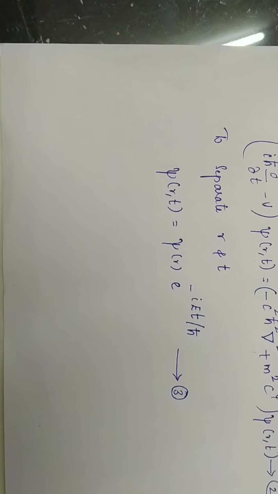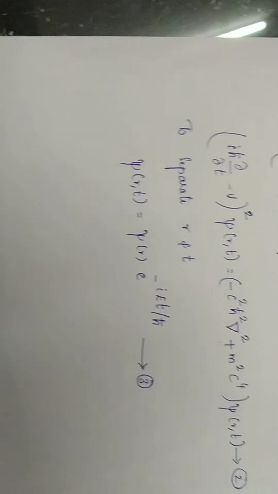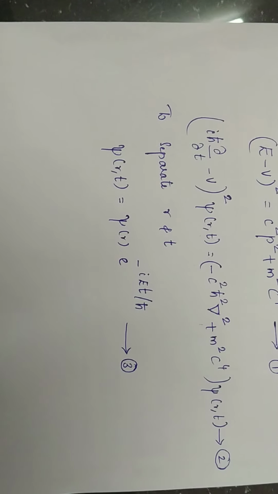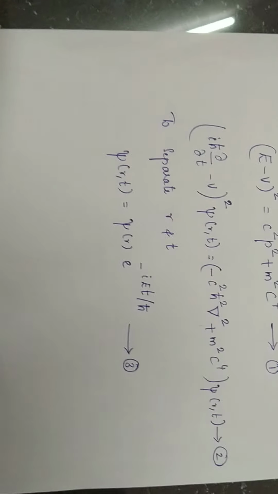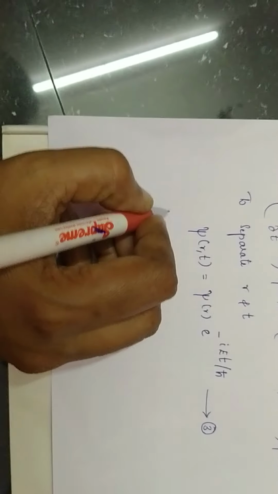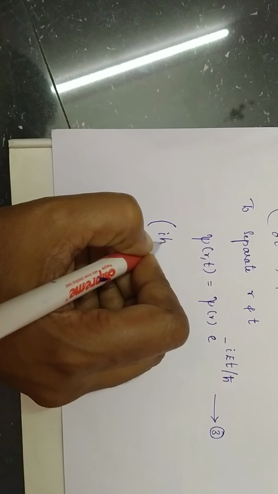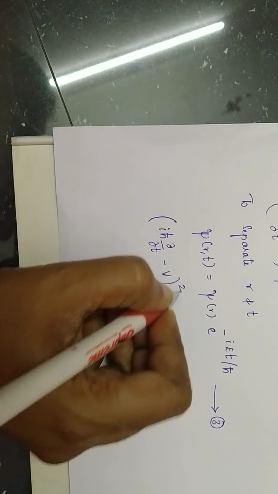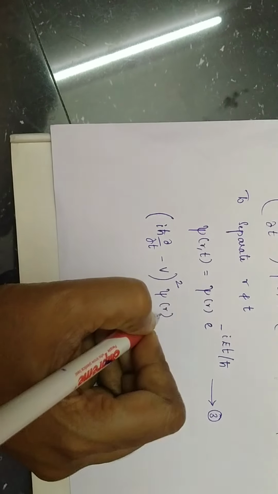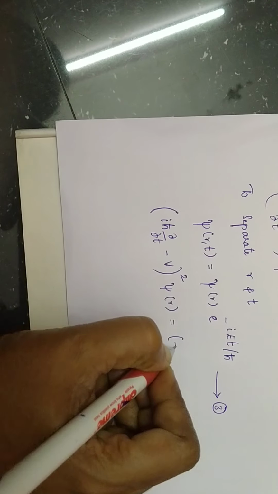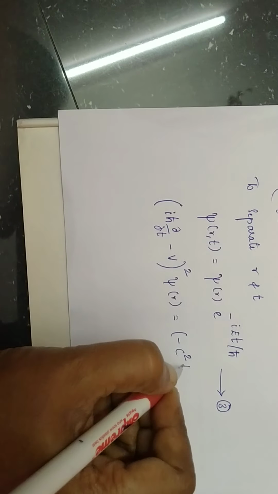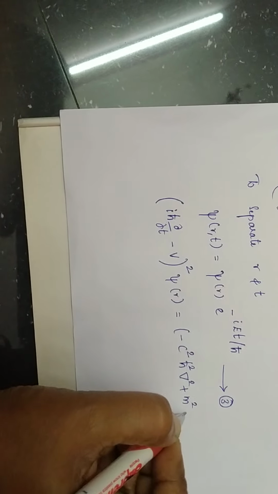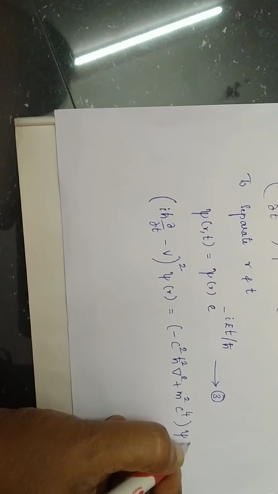Okay, now we are going to substitute this equation number 3 in equation number 2. As such, whatever is inside the bracket will come. That is i h cross dou by dou t minus v, the whole square, into psi of r, and on that side it is minus c square h cross square into del square plus m square into c raised to 4 into psi of r.